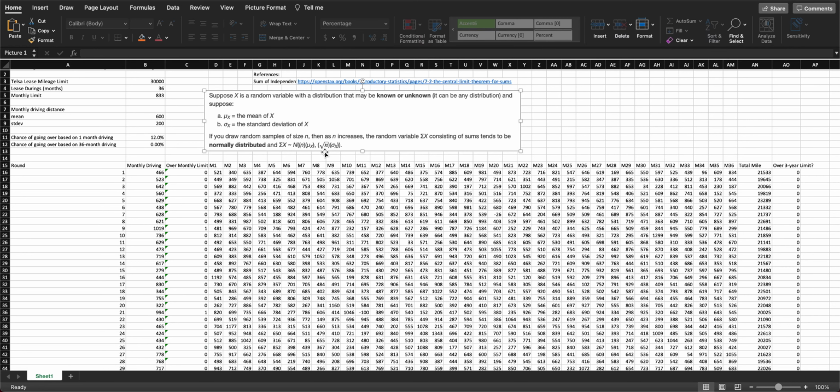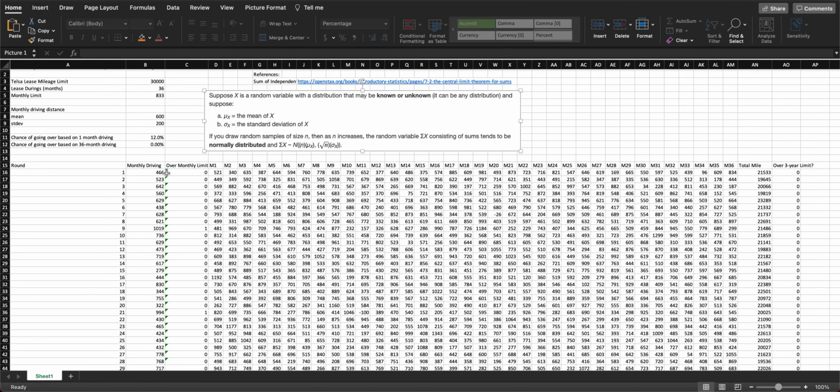So as you drive month in, month out, your total mileage actually has a smaller relative standard deviation. It becomes more and more concentrated around the mean. That's good news for us. In other words, the variation smooths itself out as you go on and on.